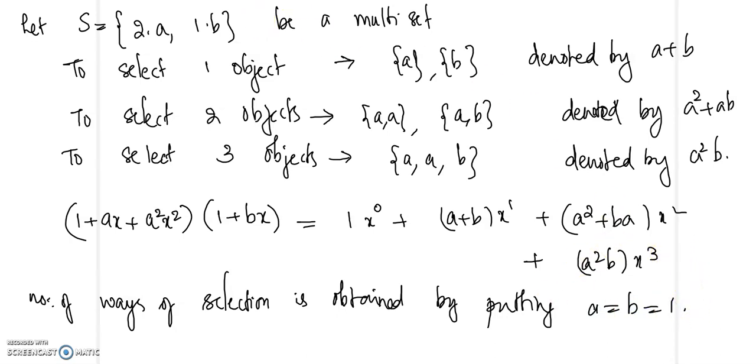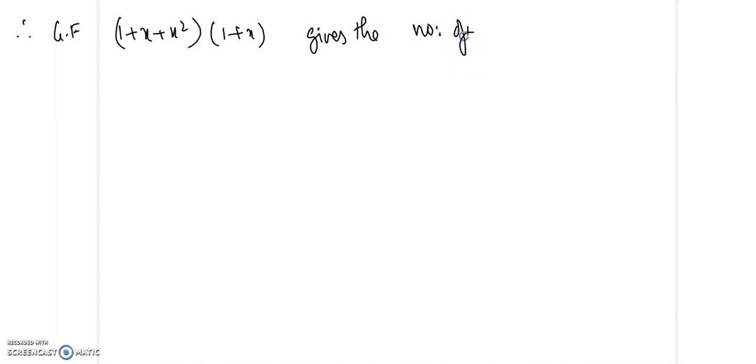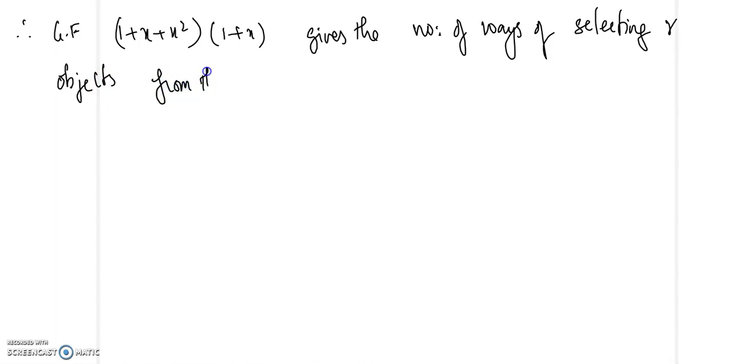So therefore, when a equal to b equal to 1, we will get the generating function (1 + x + x²)(1 + x), which gives the number of ways of selecting r objects from the multiset. So here we have the multiset {2·a, 1·b}.